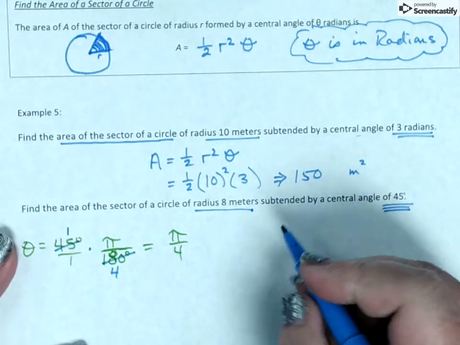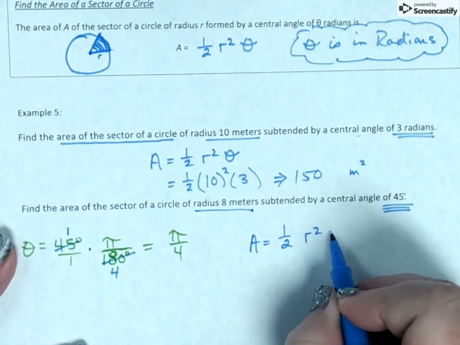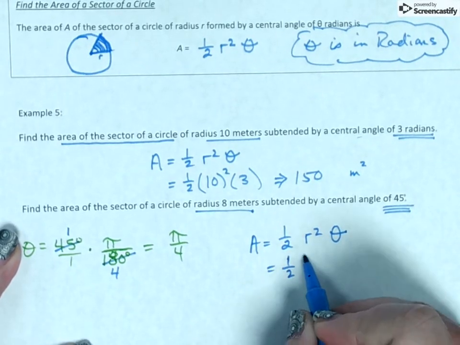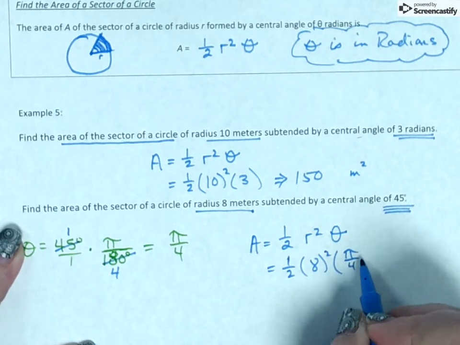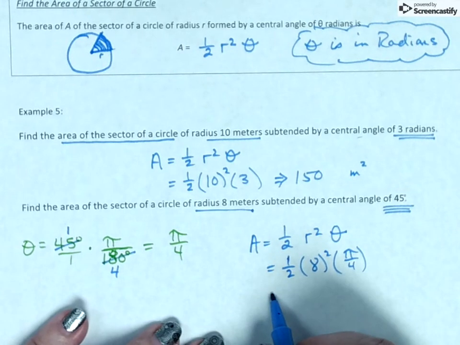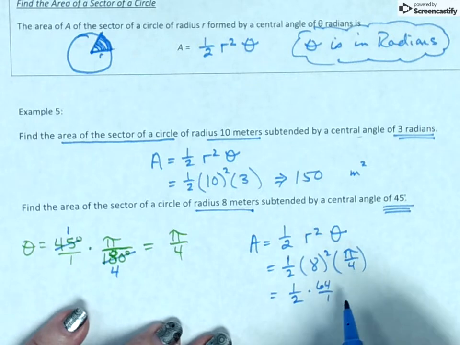So we can do our formula. Area equals 1/2 times radius squared times theta. That's going to be 1/2 times 8 squared times pi over 4. Now, this is a little bit of complex multiplication. This is equal to 1/2 times 64 over 1 times pi over 4.